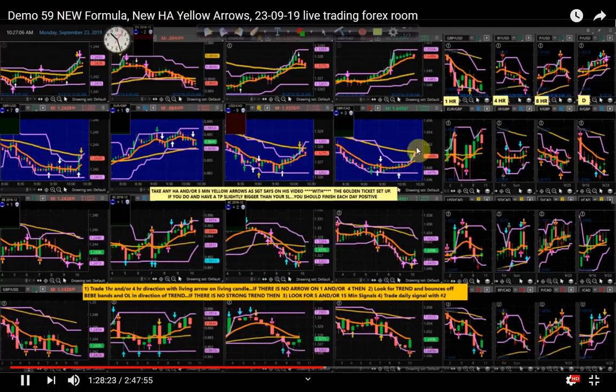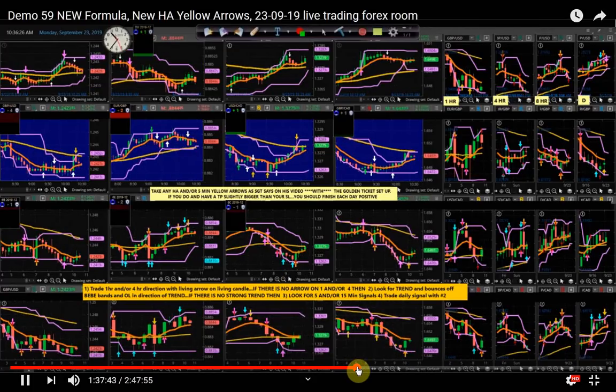GCAD going up. EG again, look, down. So if you'd have taken that one, you'd have waited for this one, which probably started with a yellow and a pink there. That's another thing to watch for, guys.